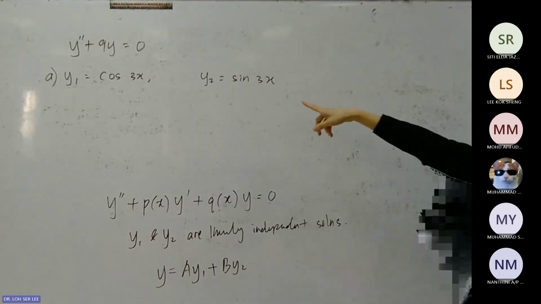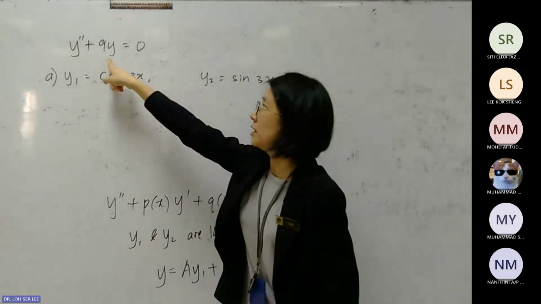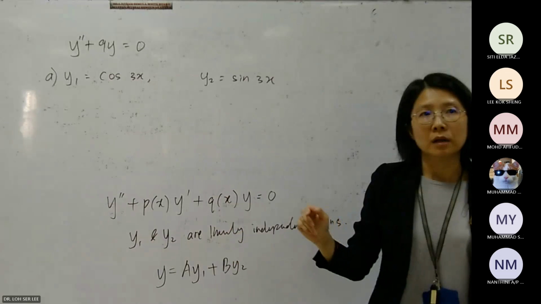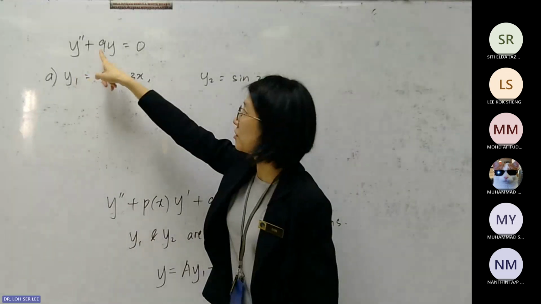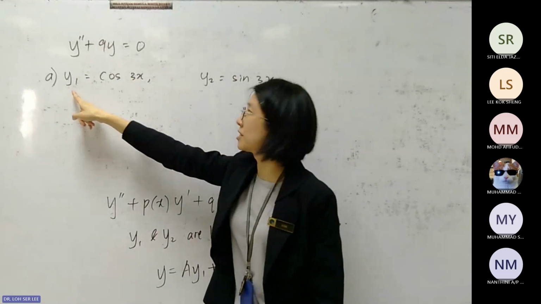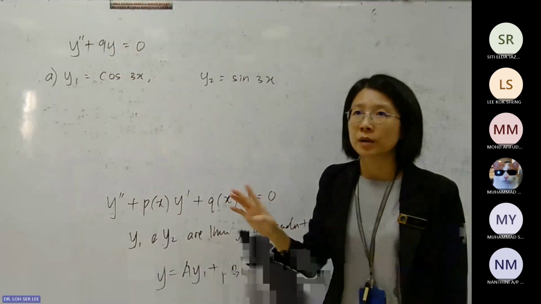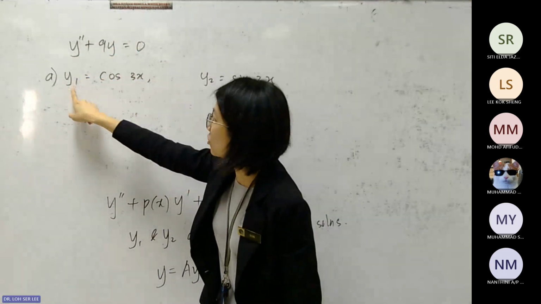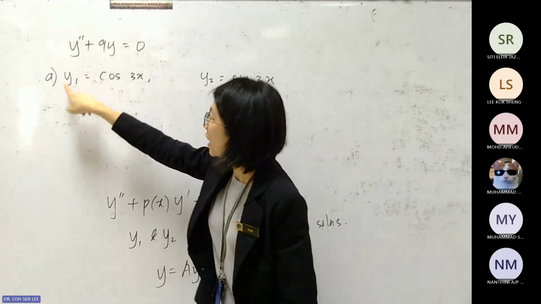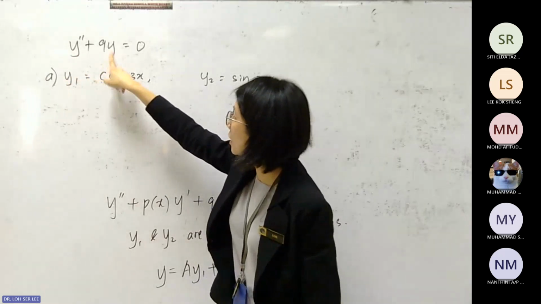How do we show y1 is a solution of this? If y1 is a solution of this differential equation, it will satisfy the differential equation. When you differentiate twice and substitute your y into here, you get 0.